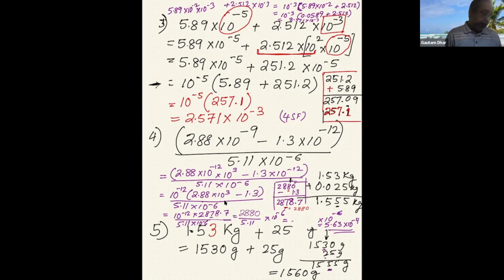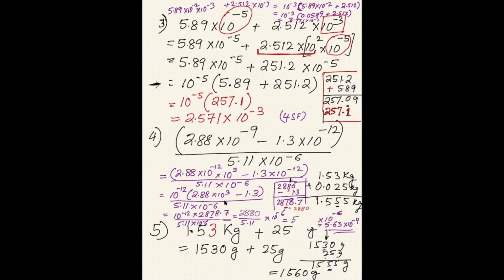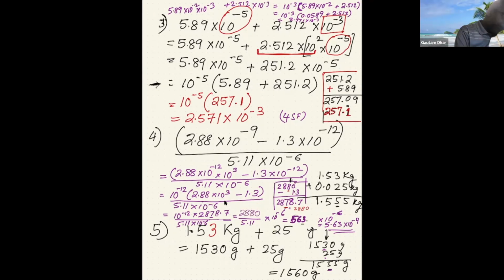So 563, one, 63 is too thick. So we have to actually keep two, three significant figures.